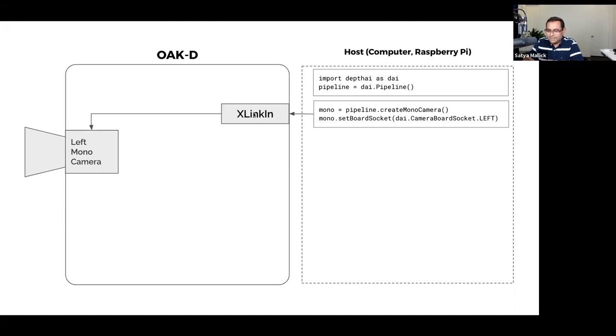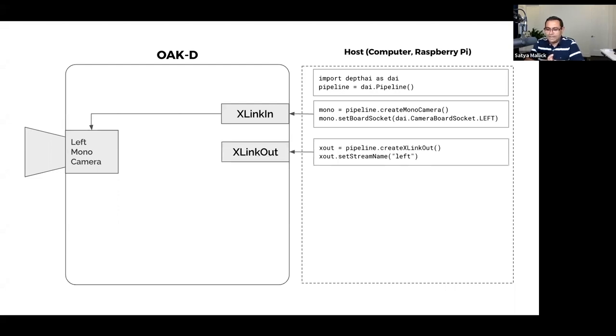This is not visible to you, it's behind the API, but internally, this is what has happened. Through this XLink, we can set some parameters for the camera if we want. We can set the resolution of the camera. We can set all kinds of things, maybe the FPS also. Okay, so that has been created.